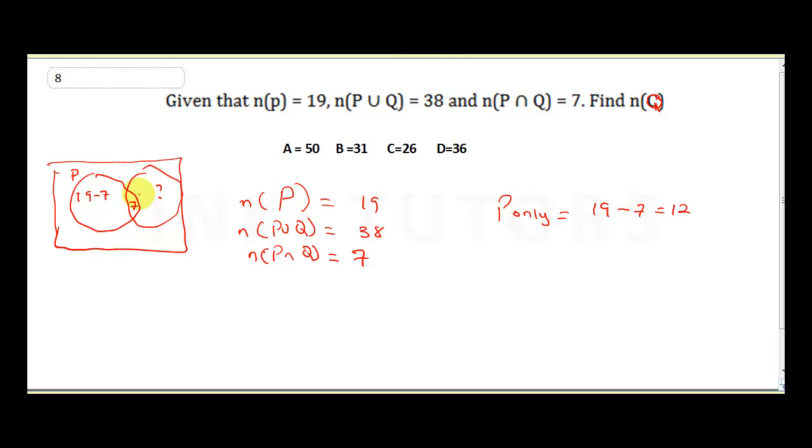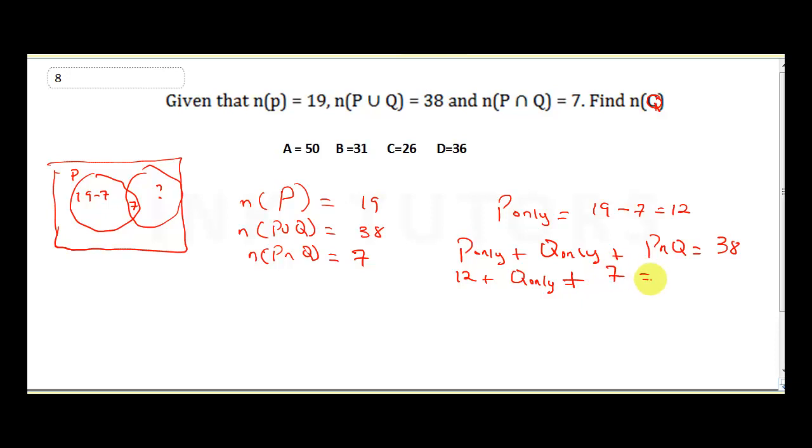So now, how do we get this? To get the number of people in Q, what we need to do is, we will say P only plus Q only plus P intersection Q is going to give us our total, which is the P union Q. That's 38. So our P only is 12, plus Q only, that's what we don't know, plus P intersection Q gave us 7.